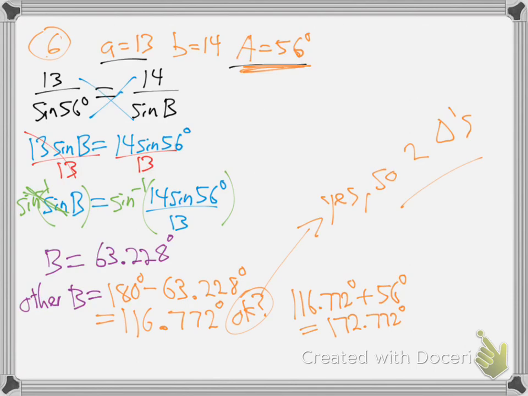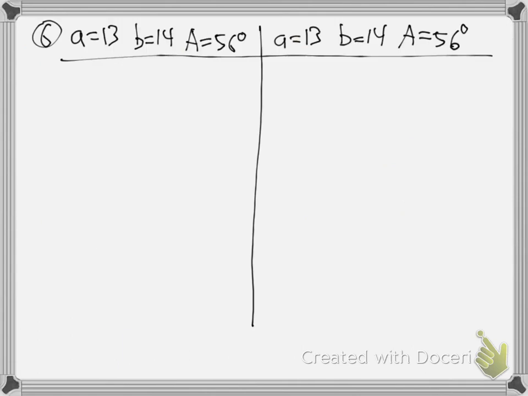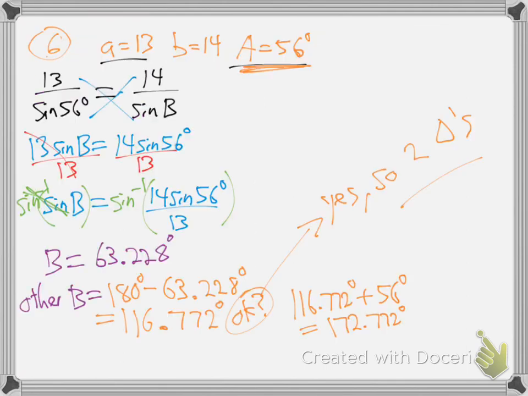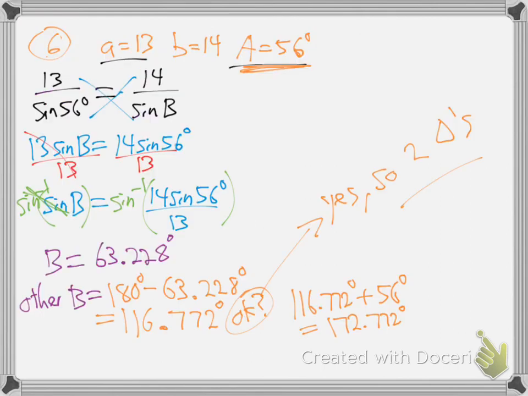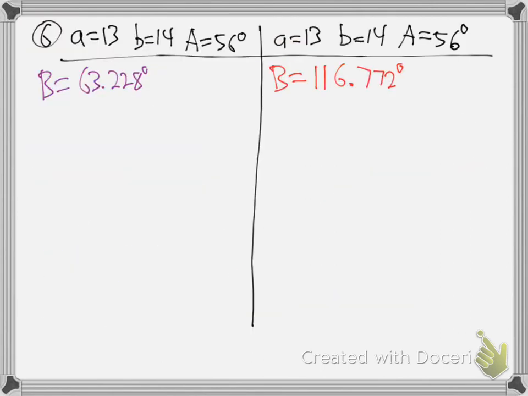But in one case, I've got capital B is 63.228 degrees. And in the other case, I've got capital B is 116.772. Yeah. So is everybody with me?